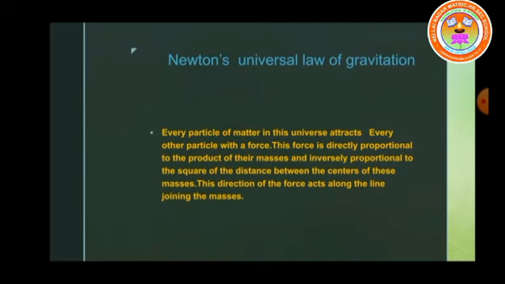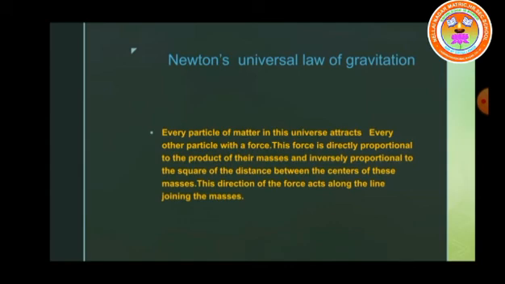Next we are going to see an important topic, Newton's universal law of gravitation. This law states that every particle of matter in the universe attracts every other particle with a force. This force is directly proportional to the product of their masses and inversely proportional to the square of the distance between the centers of these masses.